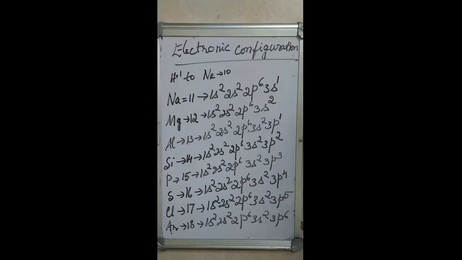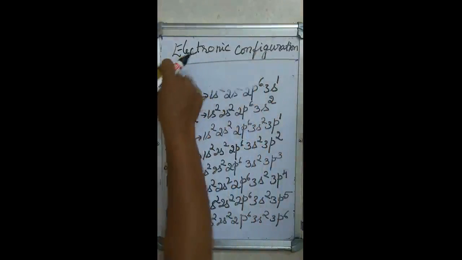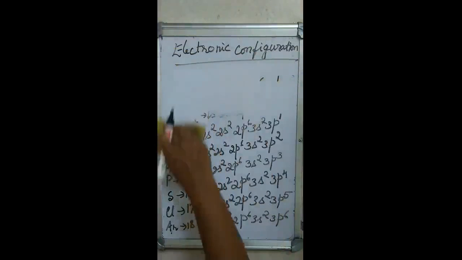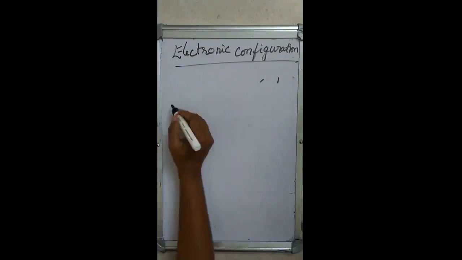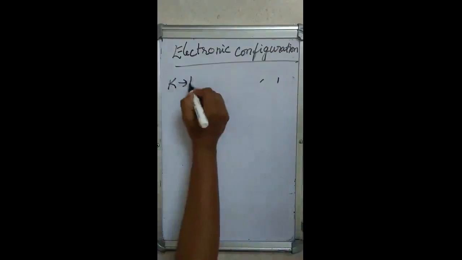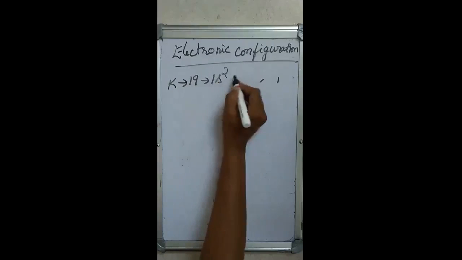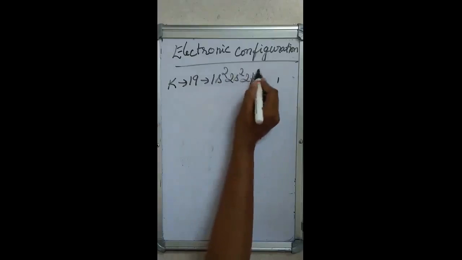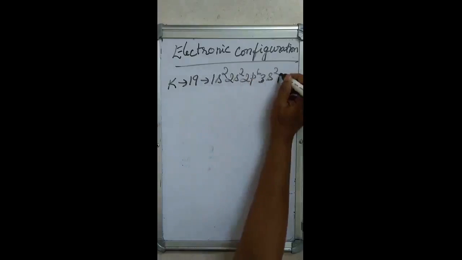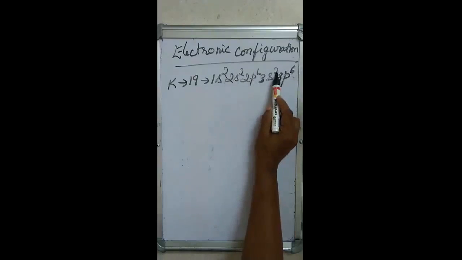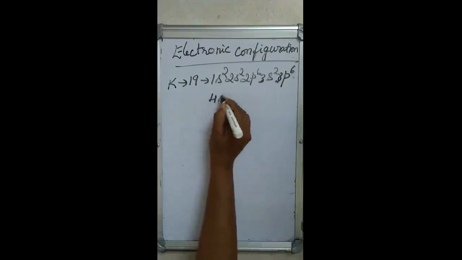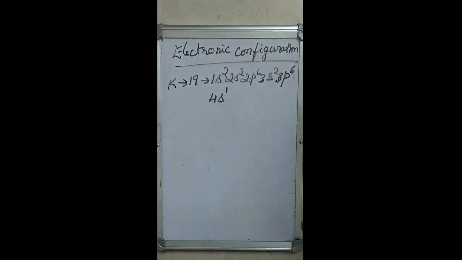Now here, potassium 19: 1s2, 2s2, 2p6, 3s2, 3p6, that is 10, 12, 12 plus 6, 18, then 4s1. Next, after 3p6, which orbital comes? 4s.